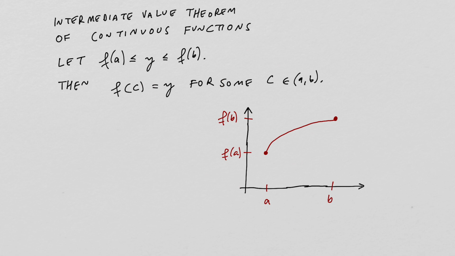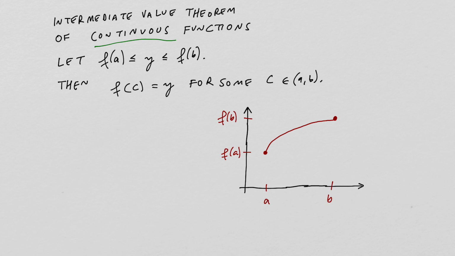There is also a similar theorem for continuous functions. It says that if we take a point from between the values of the function, let's take here to be the value y, then we must have that the function obtains the value y for some point c.